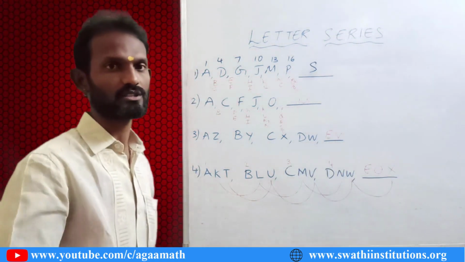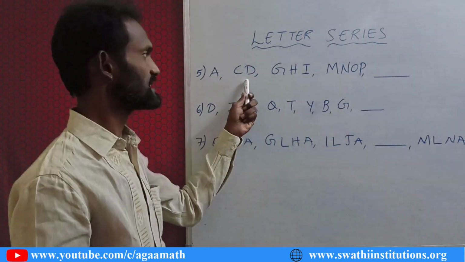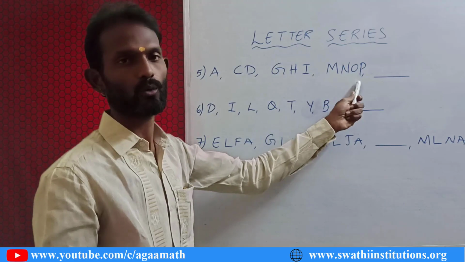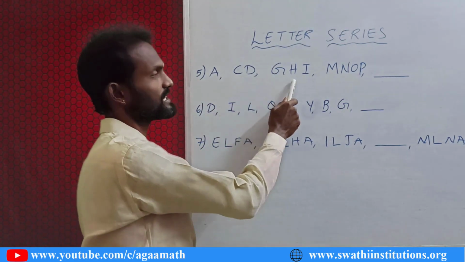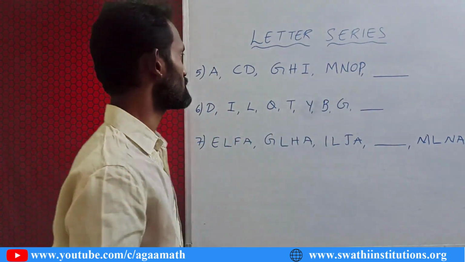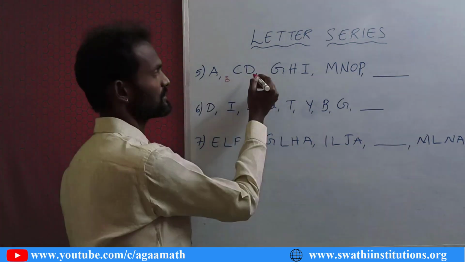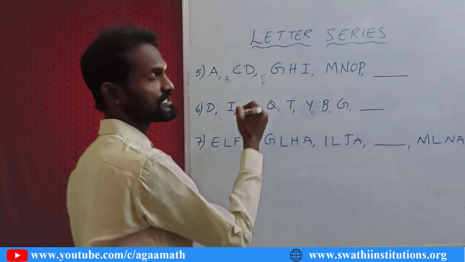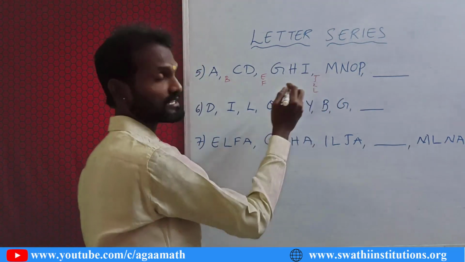Let us see a few more questions now. A, C, D, G, H, I, M, N, O, P. If you observe, here we have first one letter, 2 letters, 3 letters, 4 letters. Means the answer should have 5 letters. And observe carefully here, B is left, here E, F, 2 letters are left, then G, H, I, J, K, L, 3 letters.